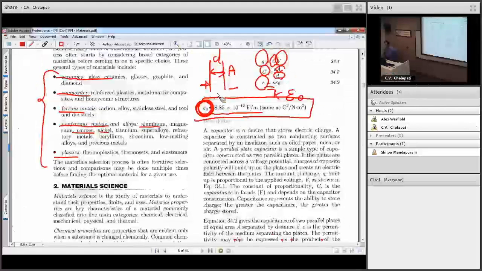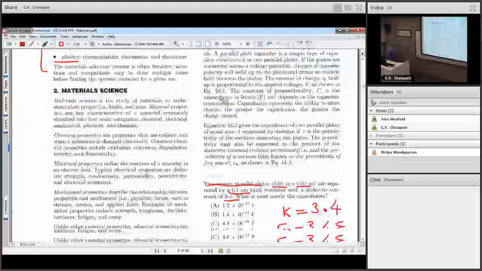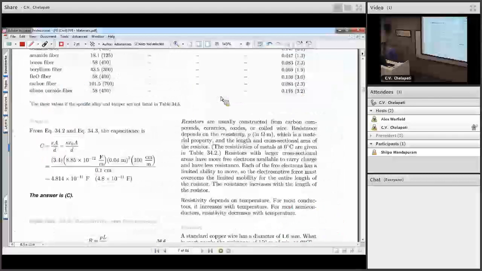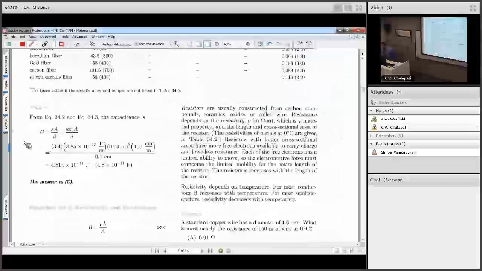There's an example here that says two square plates have a cross section of 0.04 by 0.04 and are separated by a distance of 0.1 centimeter thick insulator. If the dielectric constant is 3.4, so K is 3.4.